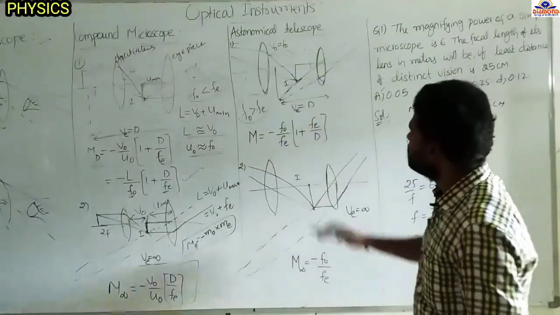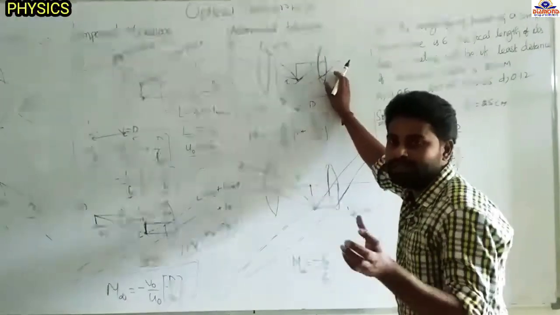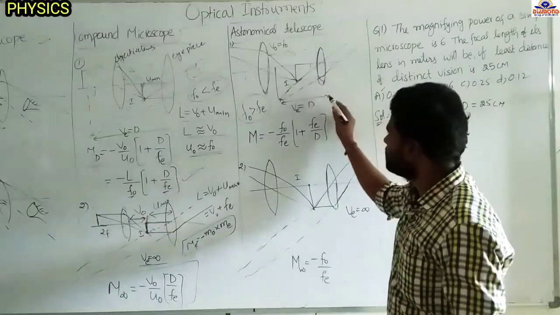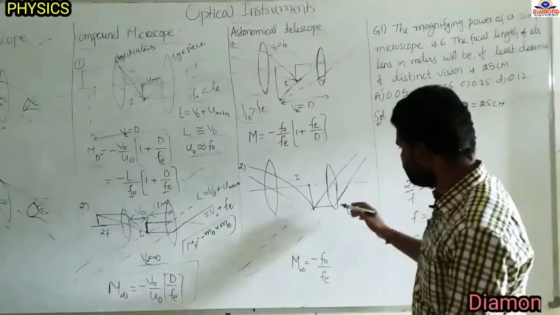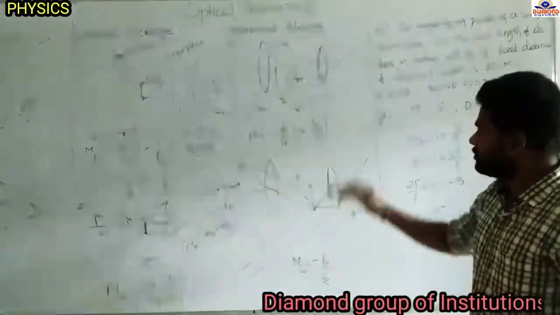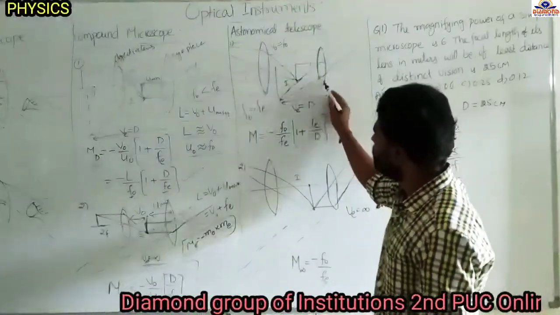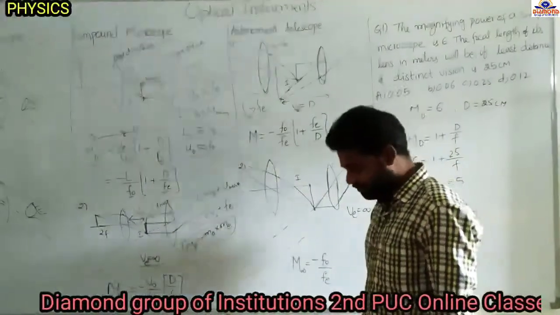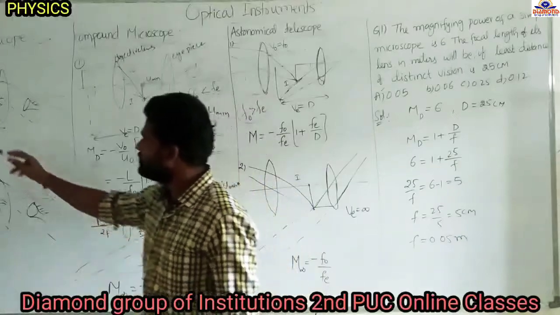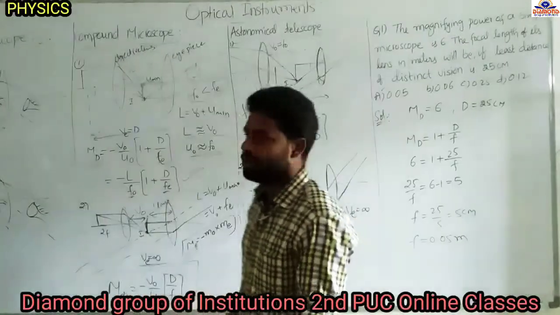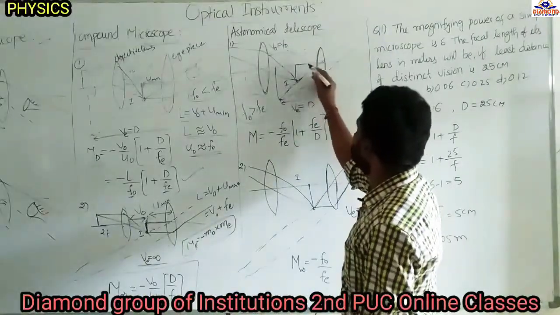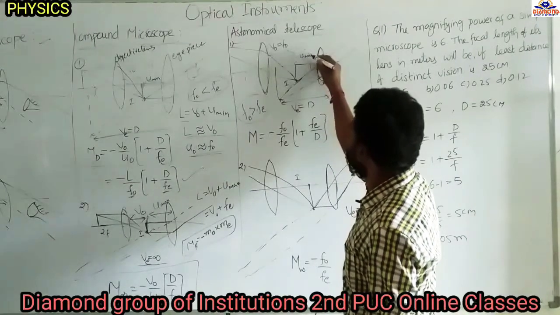In this case also we have to adjust the eyepiece to form the image at the least distance of vision, and to form the image at infinity. First I am considering that it forms the image at the least distance of vision. In that case u is at the minimum, the object distance is minimum.